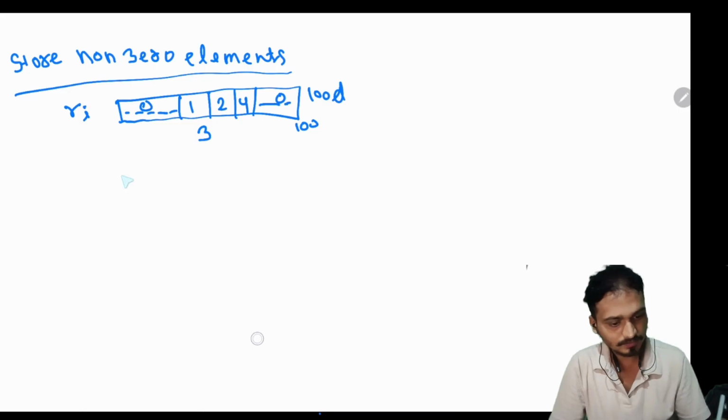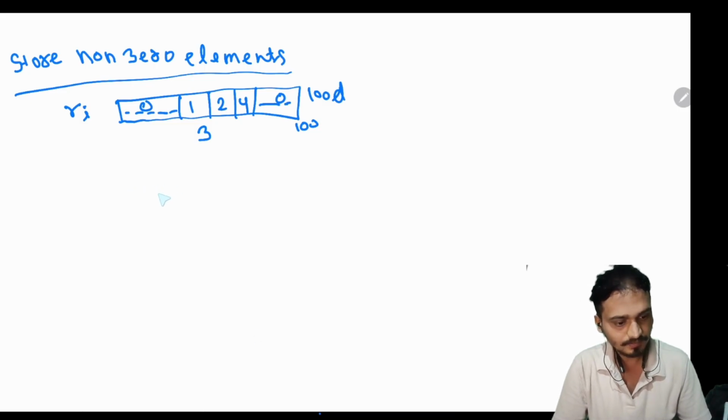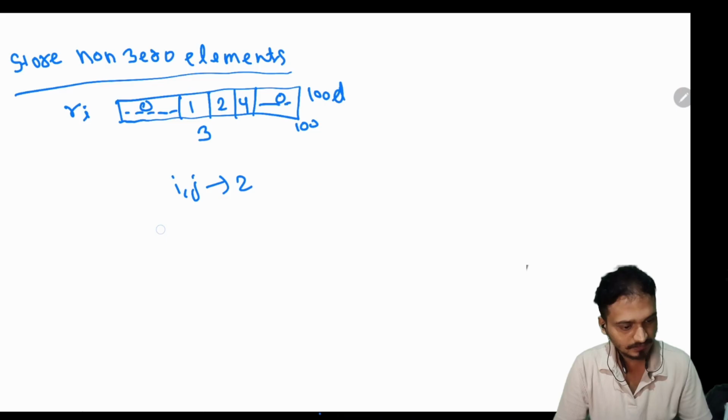The overall space complexity will be, since we know the number of non-zero elements, each non-zero element takes 3 space, which is I comma j and the corresponding number, say 2. So each will take 3 space multiplied with the total non-zero elements.